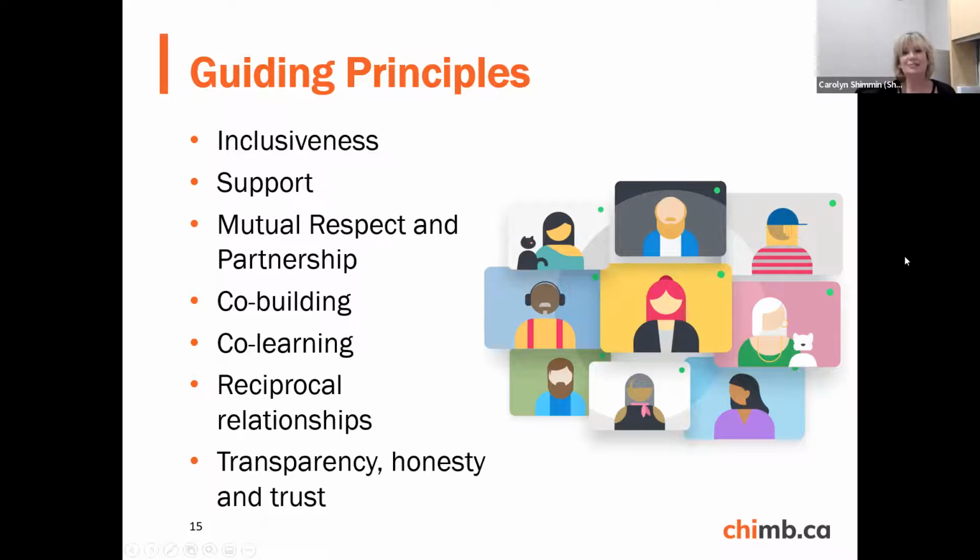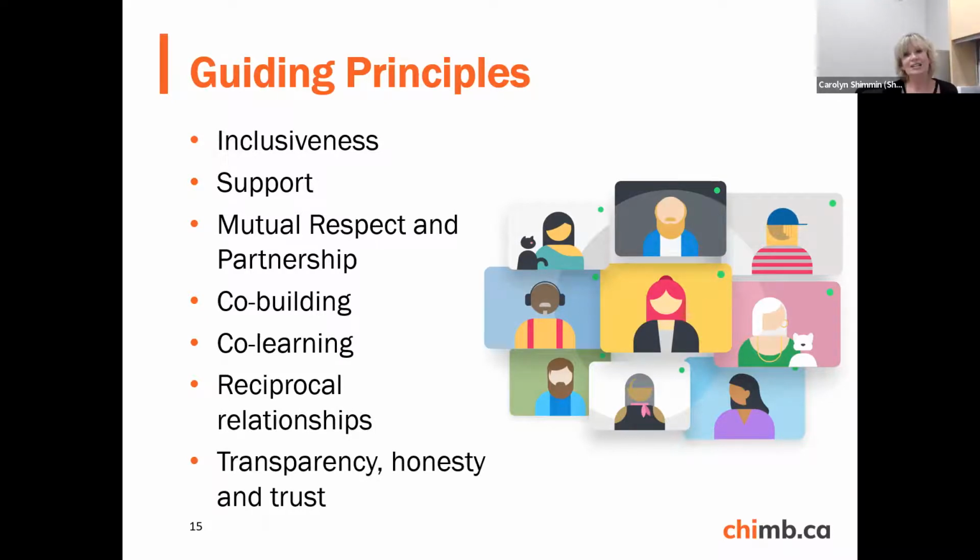Mutual respect and partnership, that means the value of experiential knowledge is recognized by all research team members. And then with co-building, we want patients, the public, researchers, and practitioners working together from the beginning to identify problems and gaps, set priorities for research, and collaboratively produce and implement solutions.